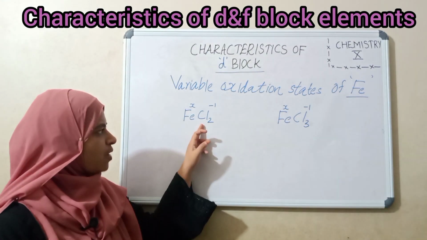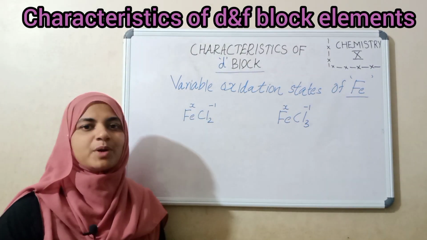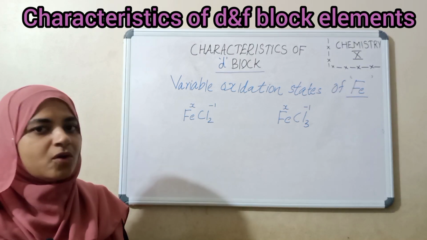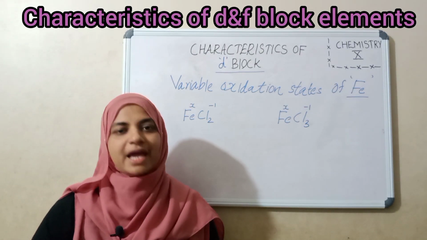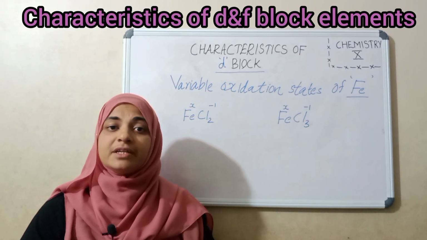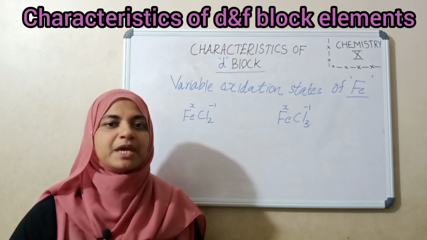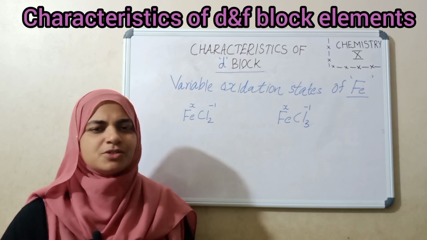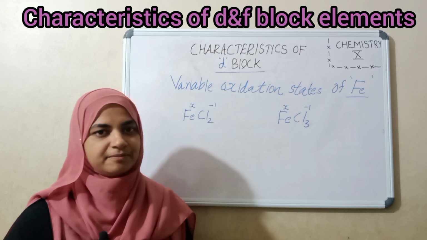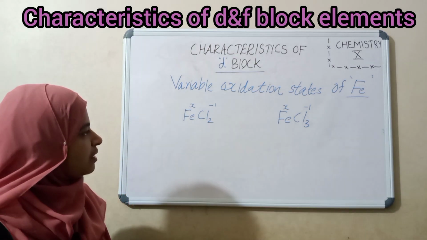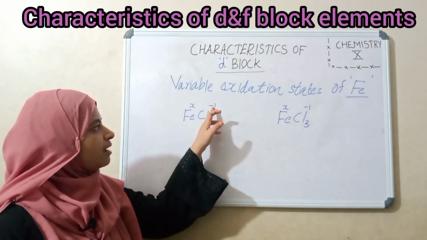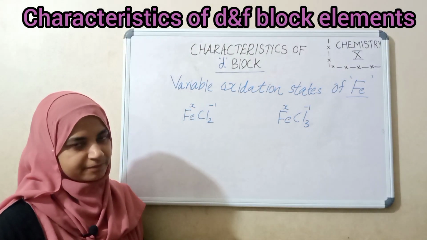We already know the oxidation number of chlorine because chlorine is a P block element, a 17th group element. Its oxidation number must be -1. It is not changed. It is definite. Then we put this oxidation number here.